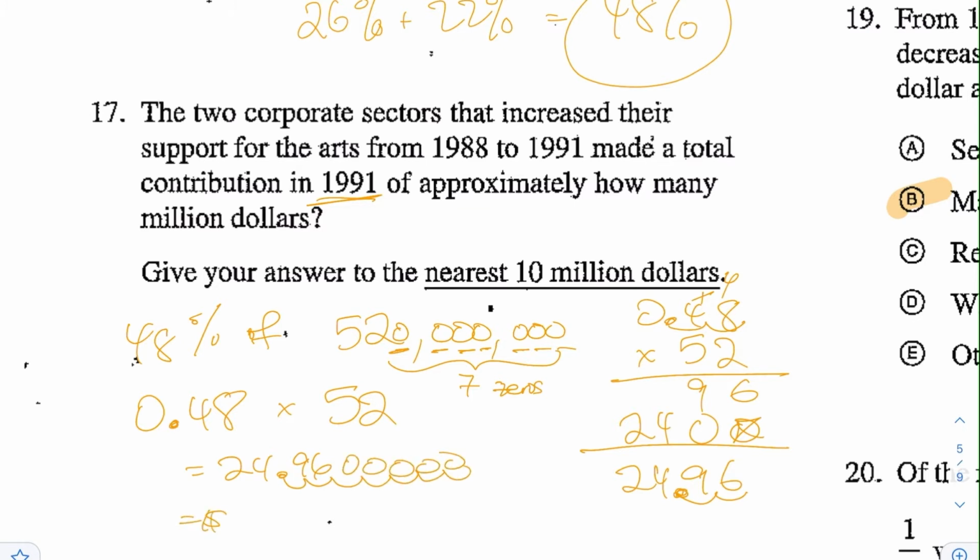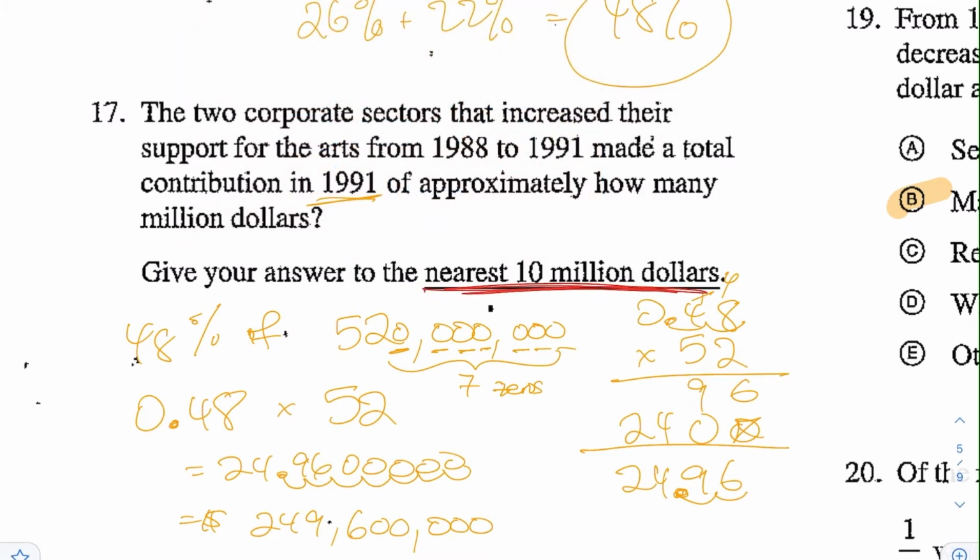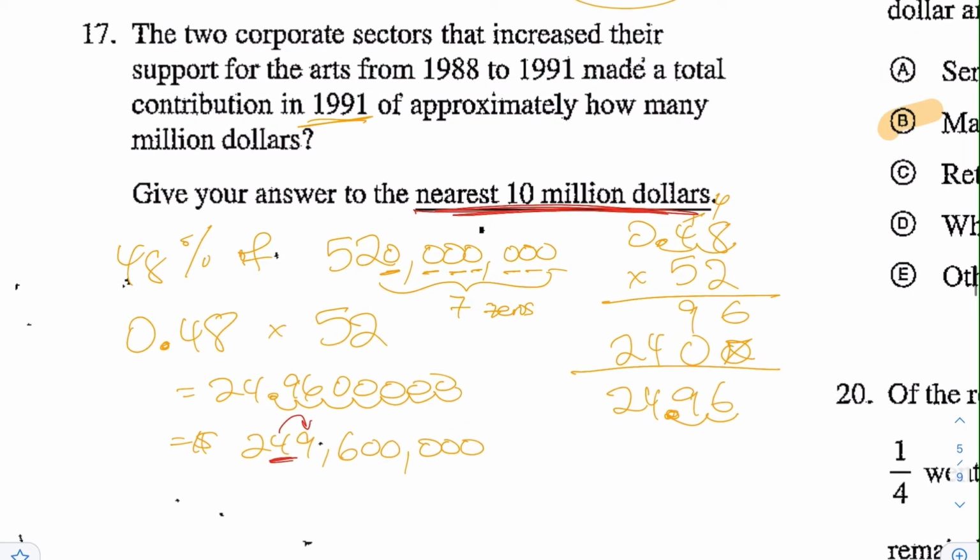Okay, so the final answer is going to be 249,600,000. Now, when you round to the nearest 10 millions, you look at the 10 millions place, specifically to the digit to the right, which is a 9. So this tells you to round up. And because you round up, you have to add 1 to the 4.